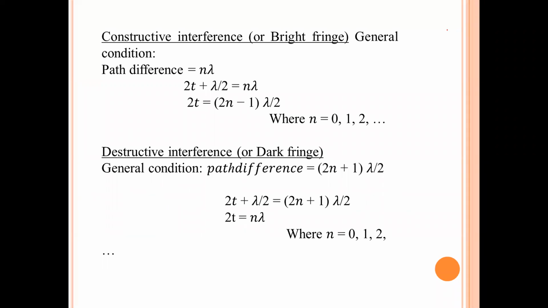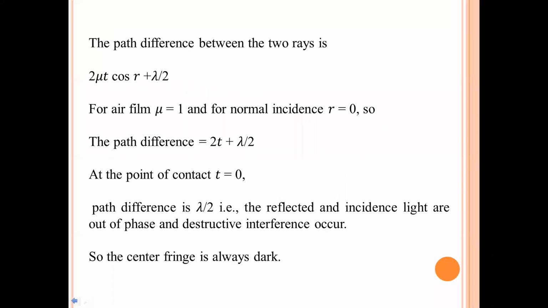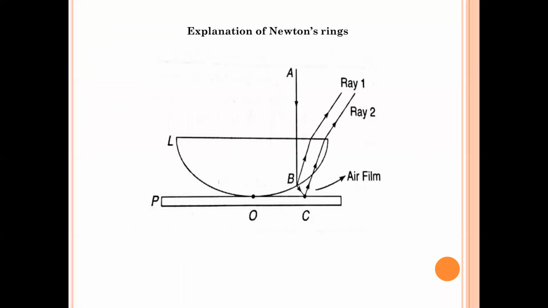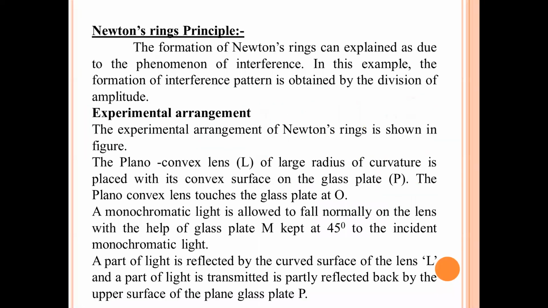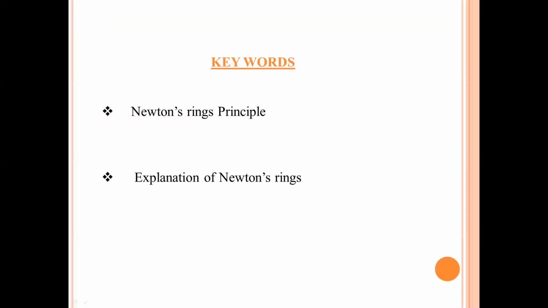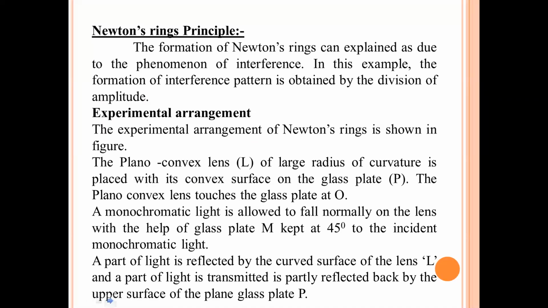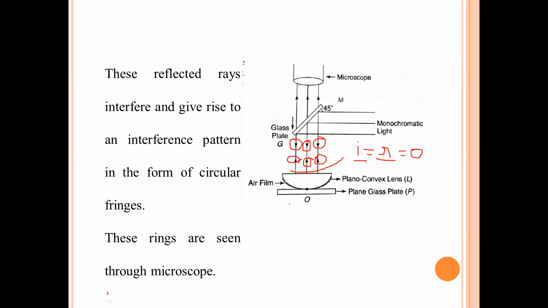Now, once again, we recollect the information here. So, the Newton's rings experiment. This is the plano-convex lens, and this is a plain glass plate.